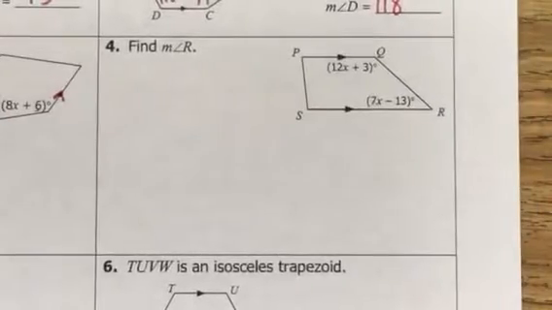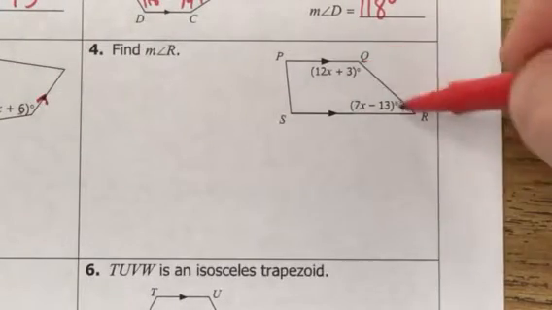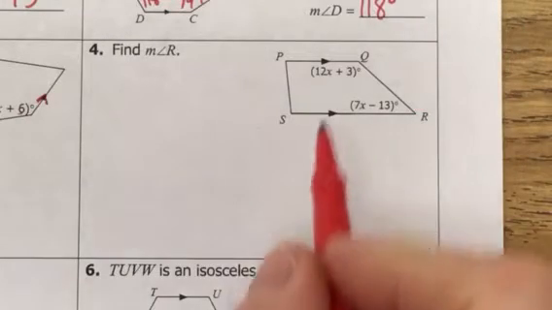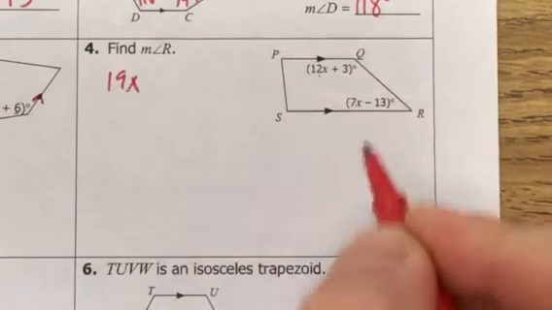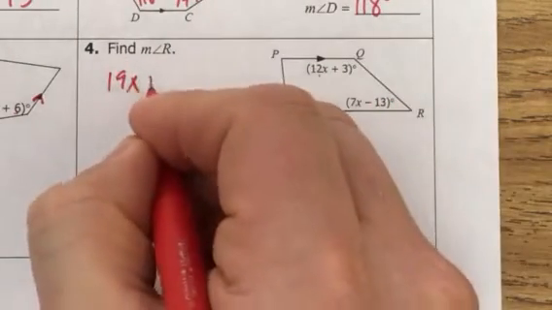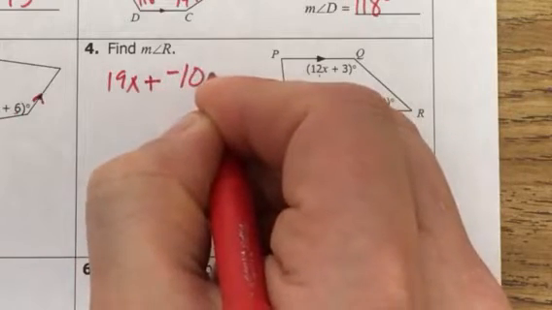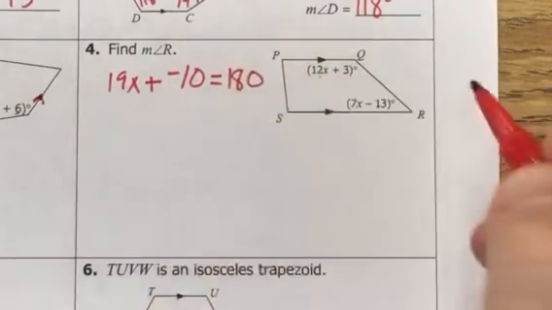Looking on number 4. Find the measure of angle R. Again, these would be consecutive angles, share a transversal. Consecutive angles are supplementary, so I'll combine my like terms. 12x and 7x is 19x. 3 and negative 13 would be negative 10, so I'm going to say plus negative 10, since I went ahead and put a plus sign there, equals 180.